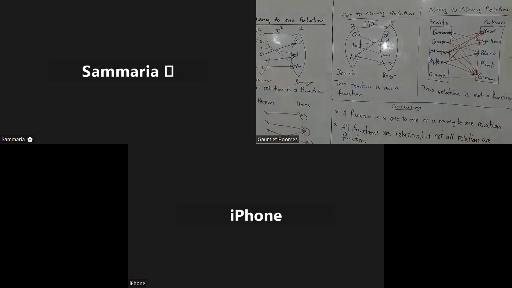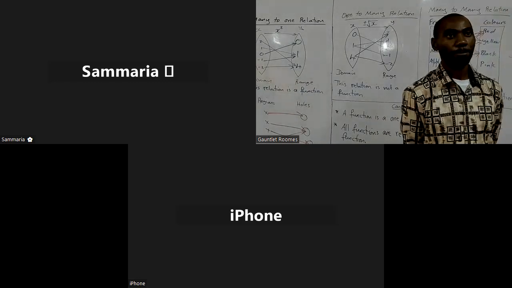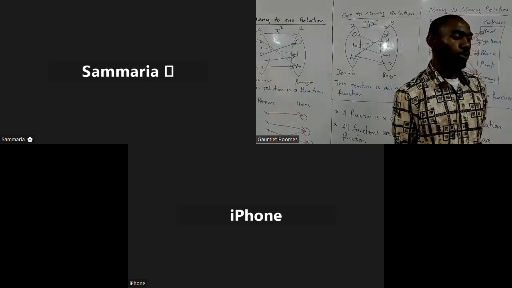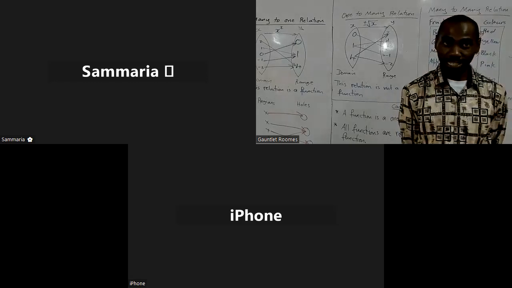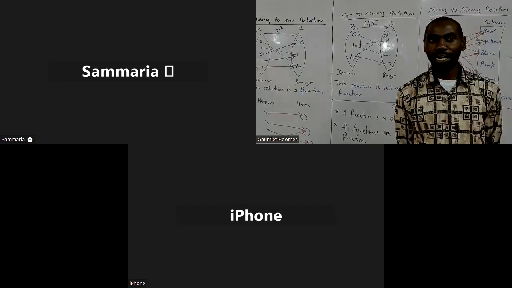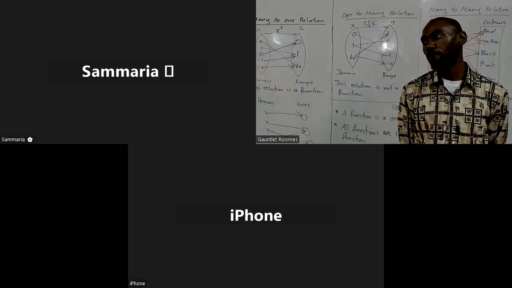It's all about just plotting a few points and connecting them. That's it. So graphing is not as difficult as one may say. When we get there, you will see it for yourself.